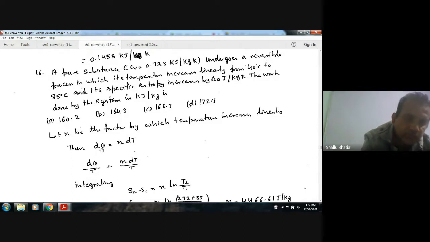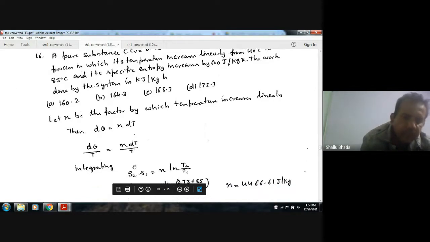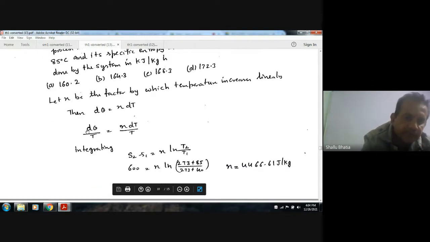So dQ is x dT. Dividing by T, dQ by T is x dT by T. Integrating, because it is a reversible process, the entropy change is x ln T2 by T1.